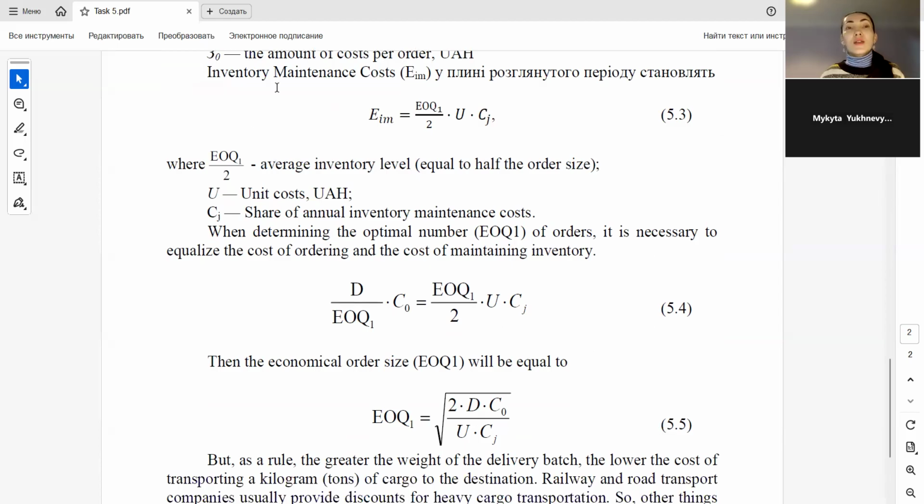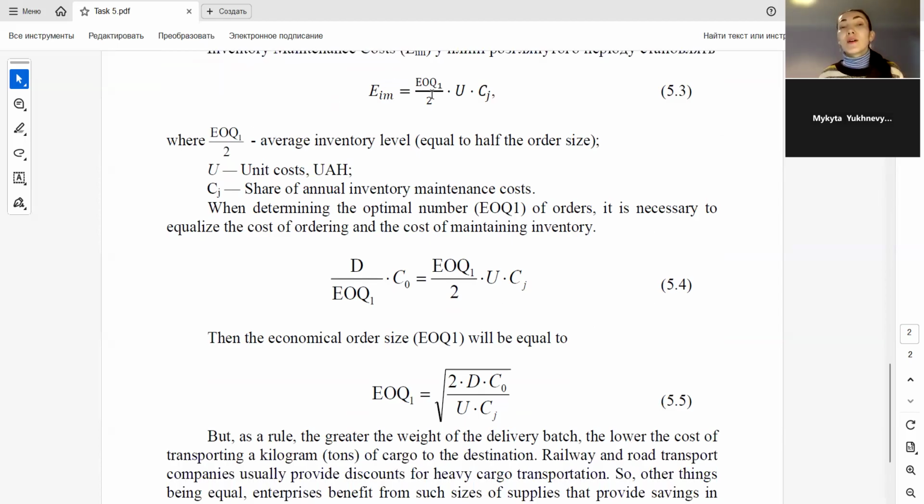So write please, inventory maintenance cost, E with index IM is equal to, formula 5.3 is equal to, and in our numerator we write the value EOQ1, and we could write that it is E with index IM1 because we calculated now for the first portion of our order.